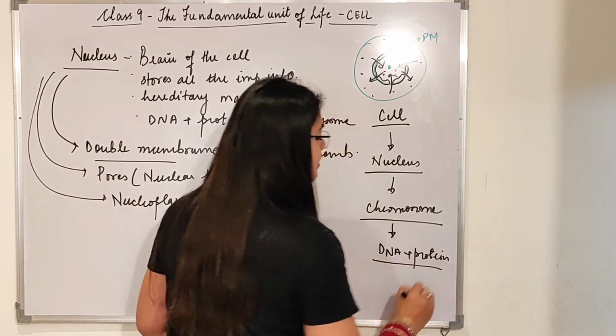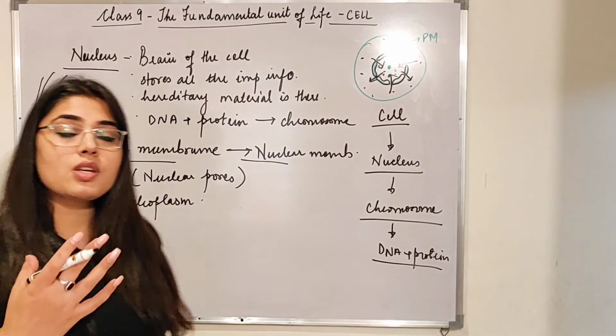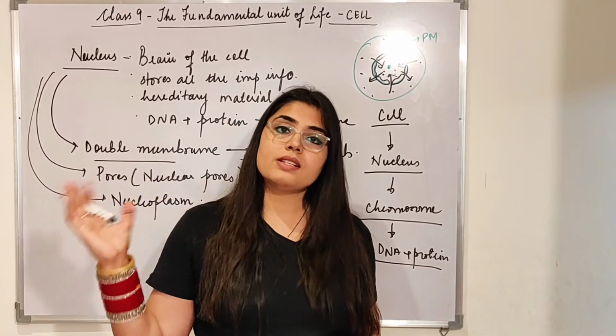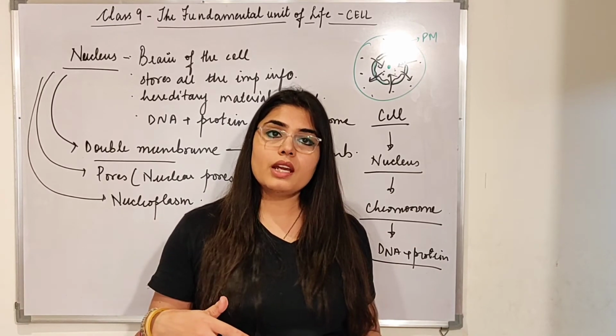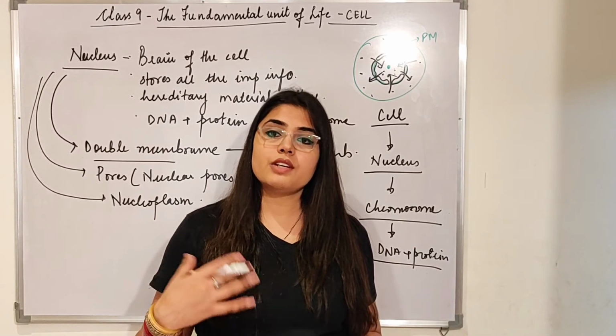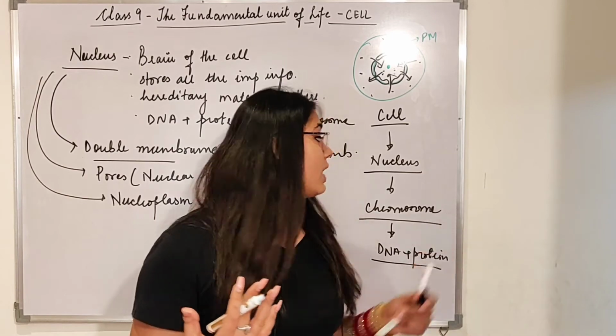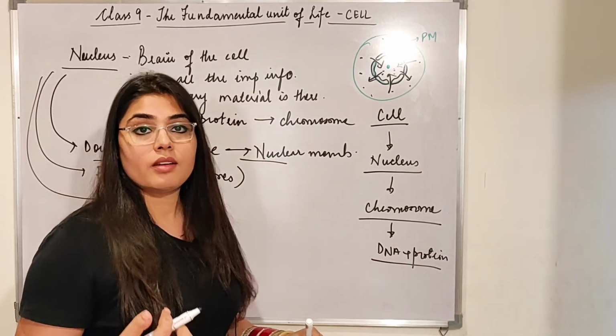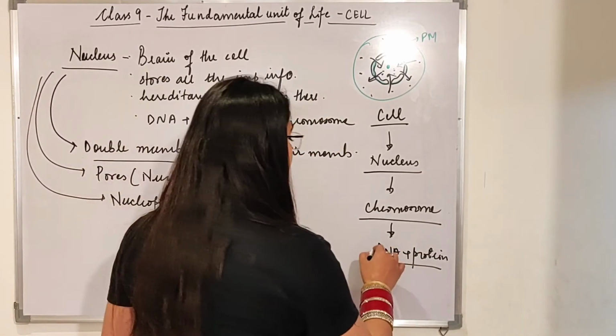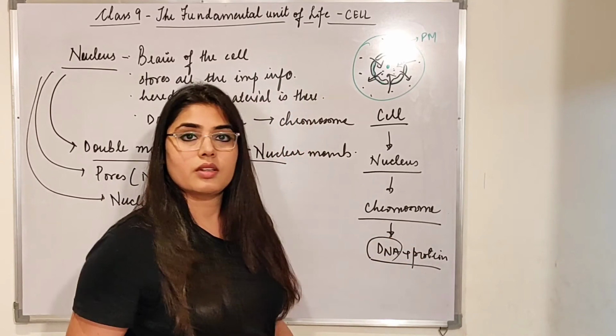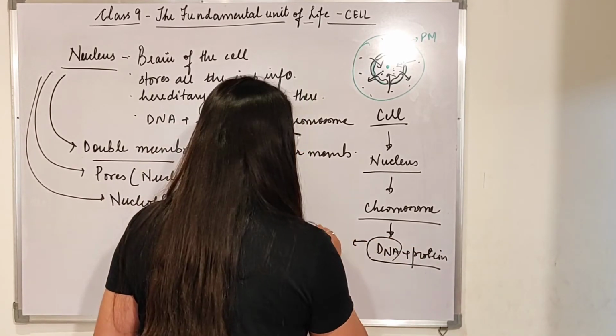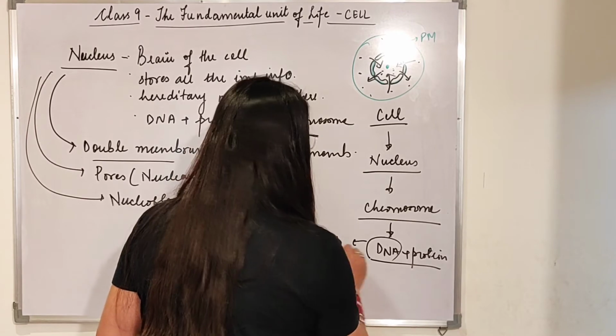Known as the hereditary material, right? The information which needs to be passed from your ancestors to you, from your parents to your offspring. The information which is being transferred is transferred with the help of this DNA. Now in DNA also there are some functional parts, which are known as genes.